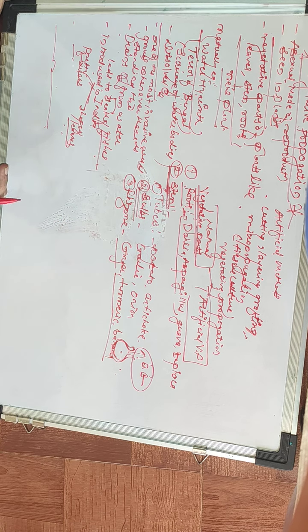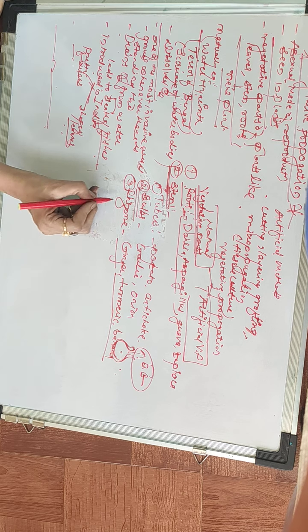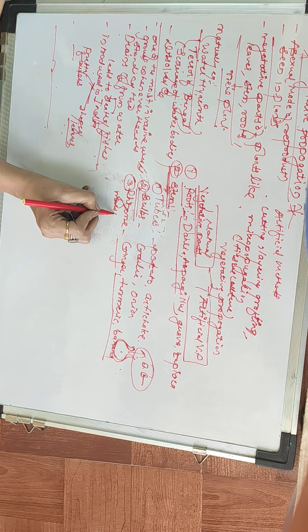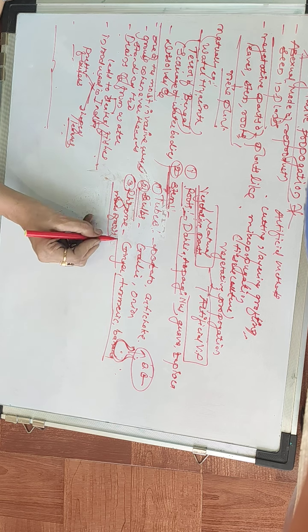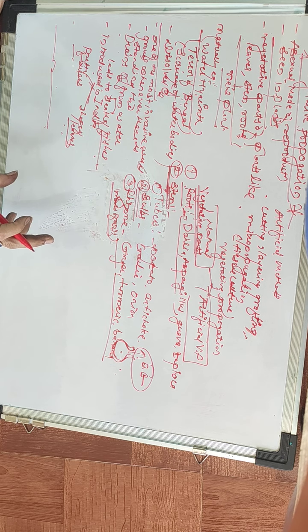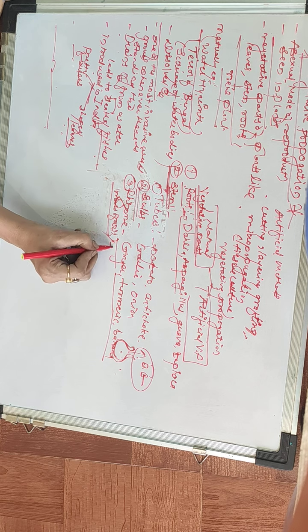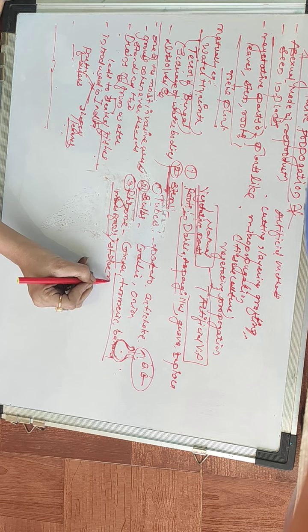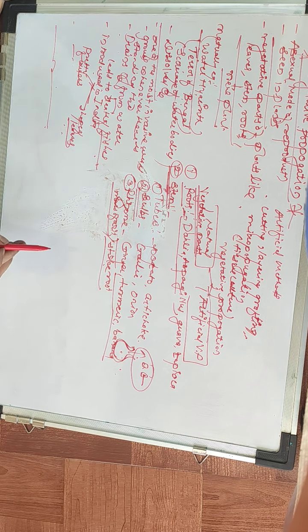In the ancient Greek word, rhizome means a mass of roots. When we sow this mass into the soil, new plants get developed. The plant sends out roots and shoots from its nodes. That is called rhizome, and the examples are ginger, turmeric, and banana.